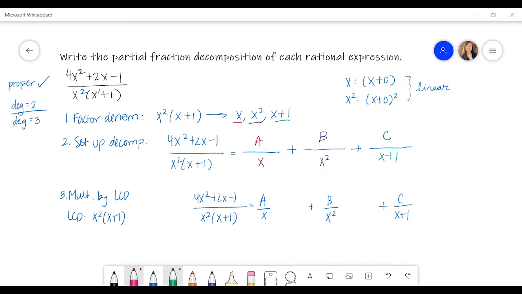Okay, so if we multiply by this LCD, it cancels fully. Canceling here, we're canceling one of the exponents with the denominator, fully canceling x squared with the denominator, and canceling x plus 1 with the denominator. So again, be very careful with your canceling.